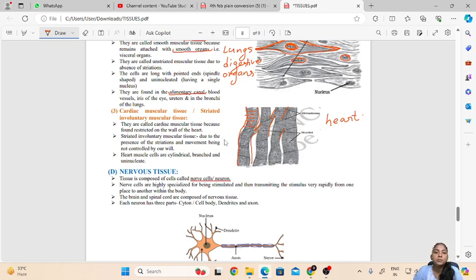Then they are called striated involuntary because of the presence of striations and the movement which is not controlled by our will. So these heart muscles are cylindrical and branched, and they are uninucleated. As you can see here, each cell has only one nucleus, so they are called uninucleated.